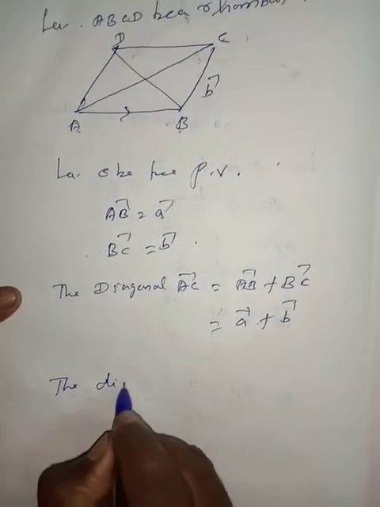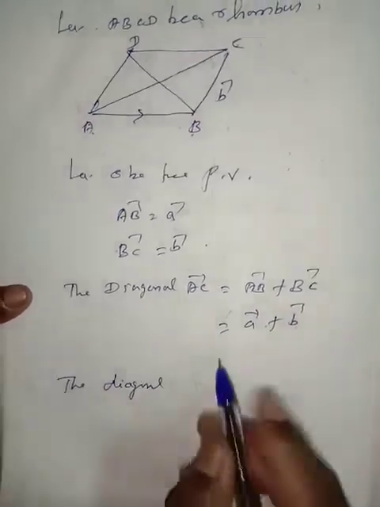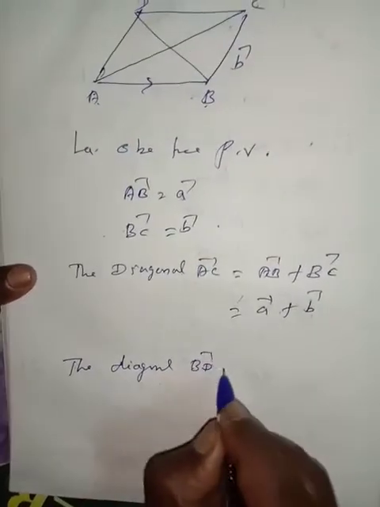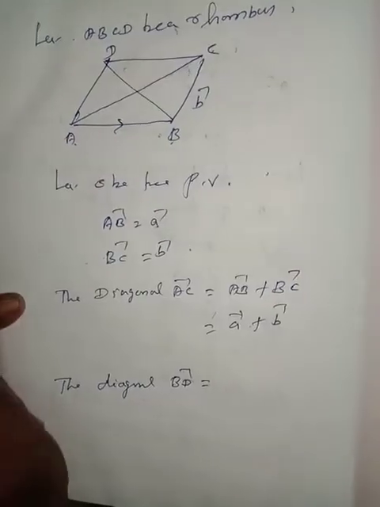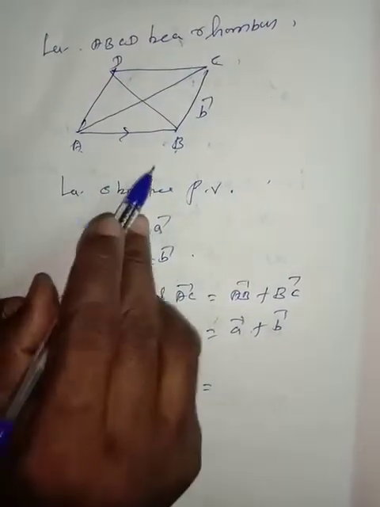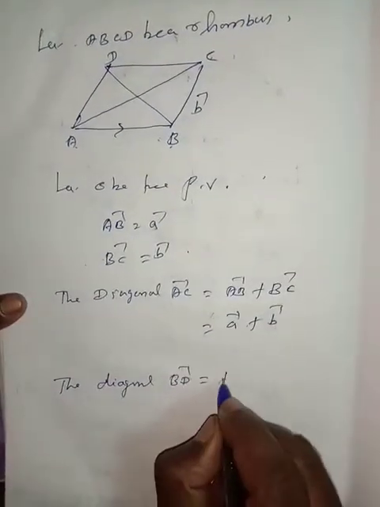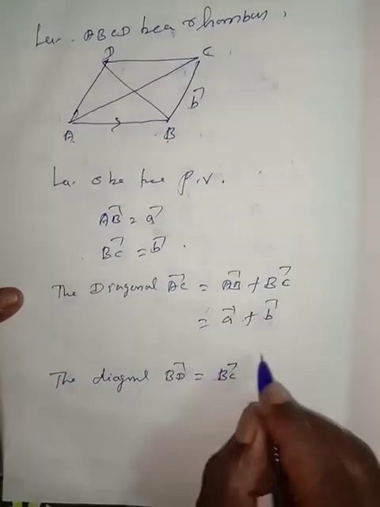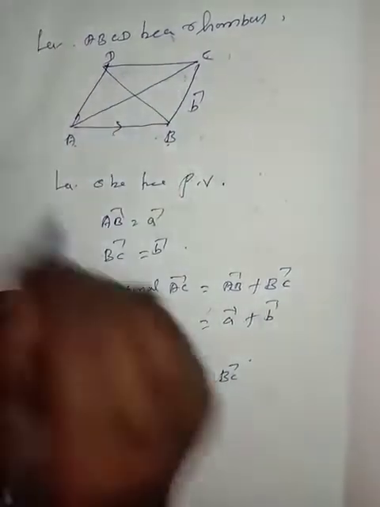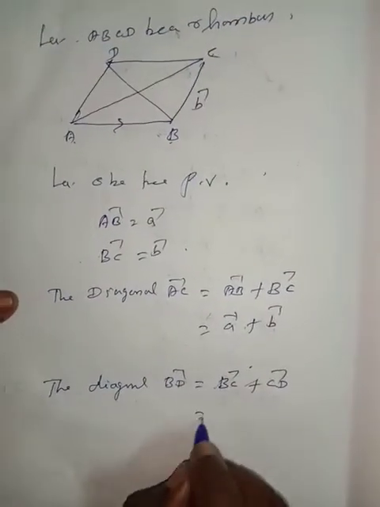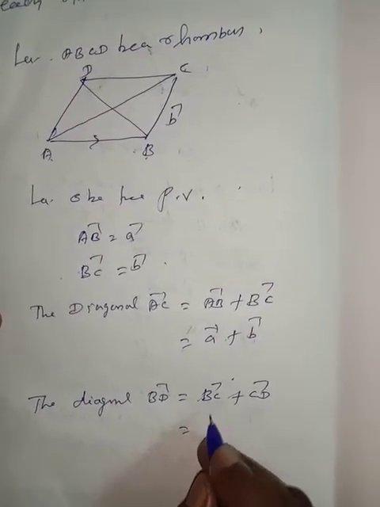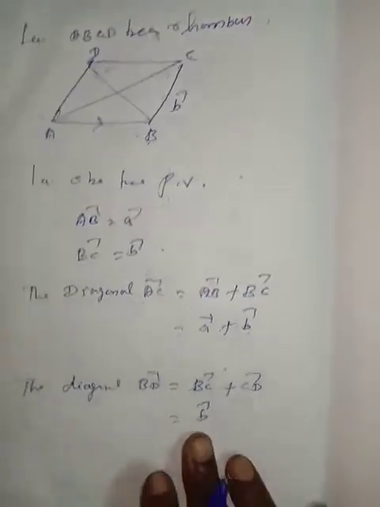The diagonal BD vector means BC vector plus CD vector. B to D means B to C plus C to D. BC vector is b vector.